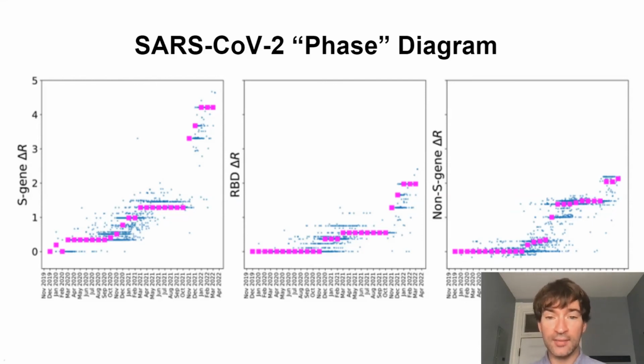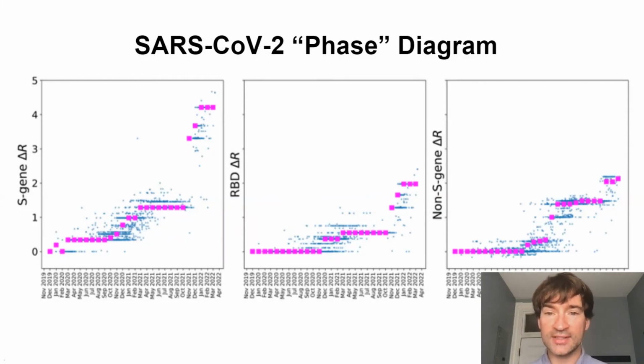So we see broadly, all three figures have the same upward trend. But there's this interesting transition point at the end of 2021 where the S gene delta R contribution really jumps upward by a large amount. And that's pretty interesting because it's around that time period where Omicron came into the story.